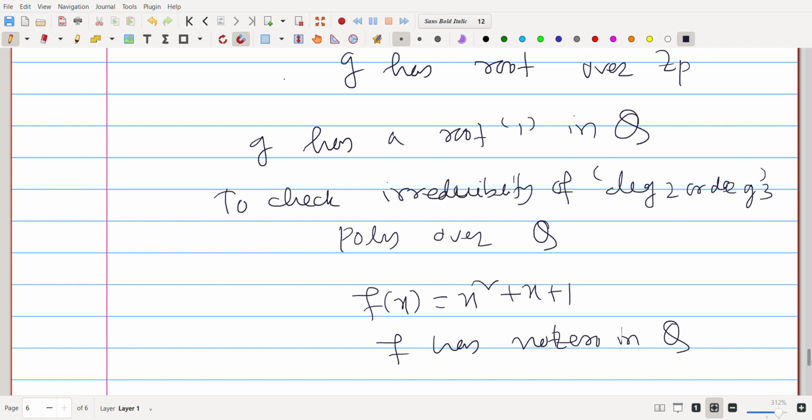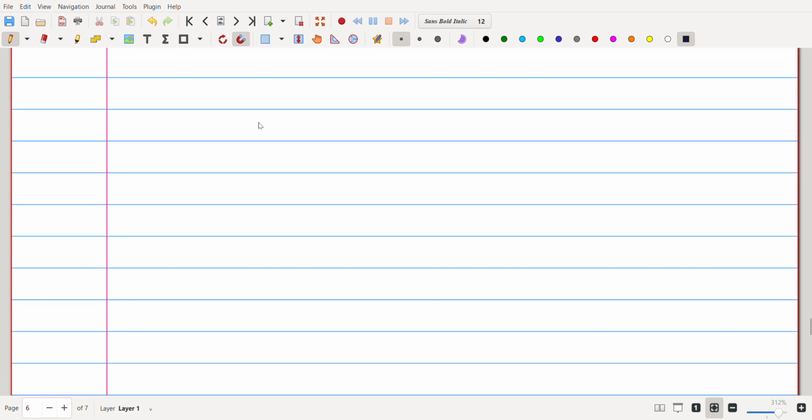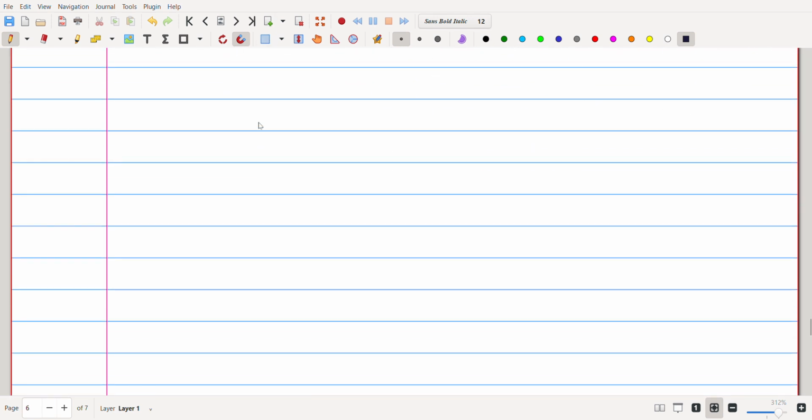So the next problem is the last problem. The question ID 704086 says that R is Z[x] mod x square plus 1, and phi from Z[x] to R is the natural quotient map.